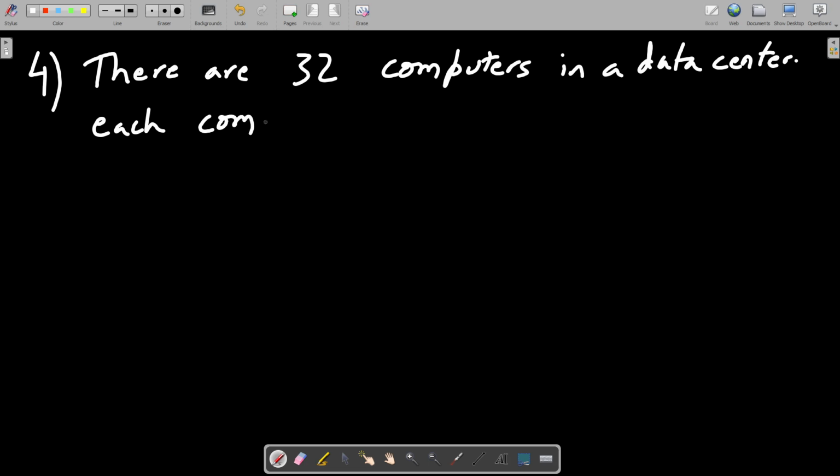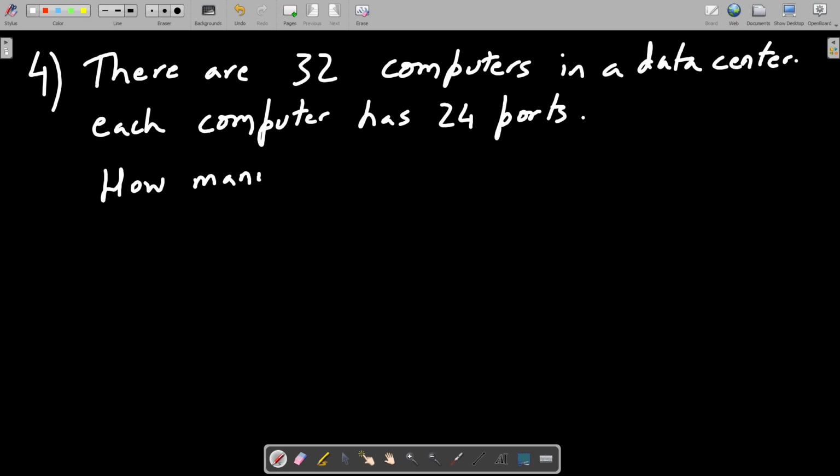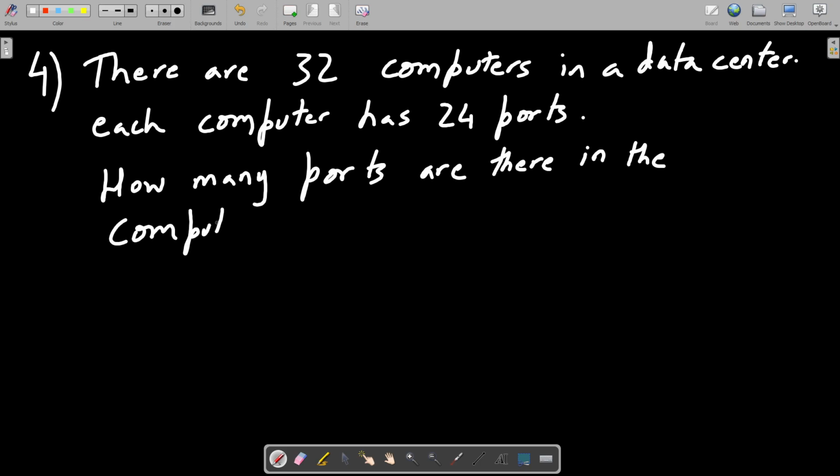Each computer has 24 ports. How many ports are there in total? 32 computers, each with 24 ports.